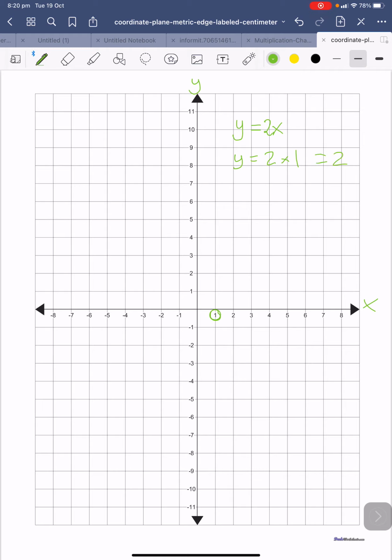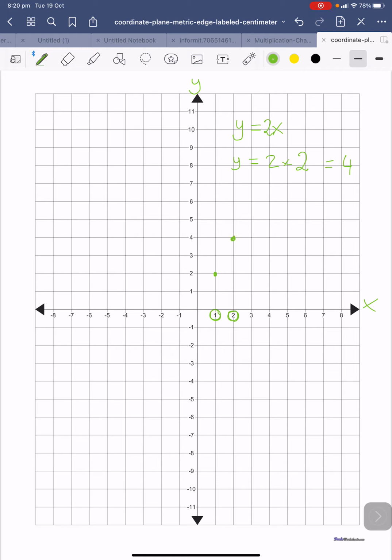So what's the y value? 2. Let's find that point on our graph. Now let's do it again. Let's plug in the number 2. Y equals 2 times the value of x, which is 2. 2 times 2 equals 4.